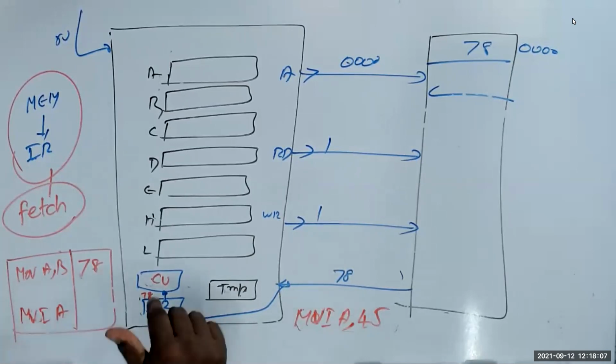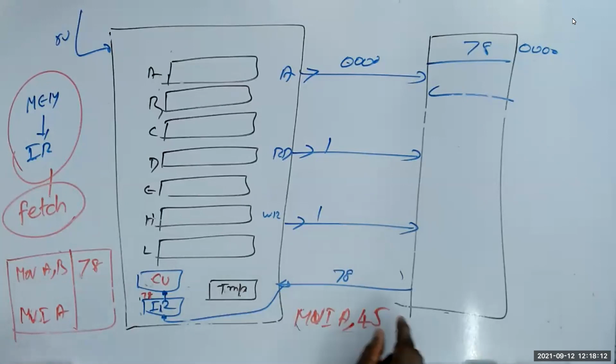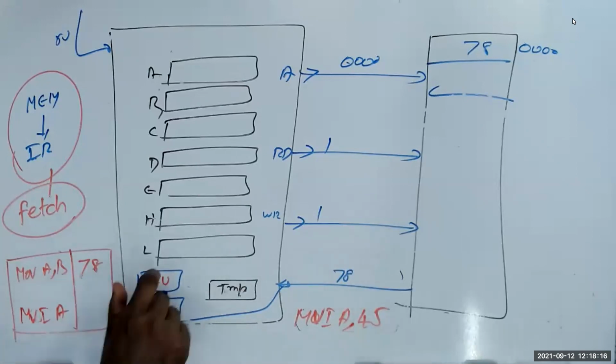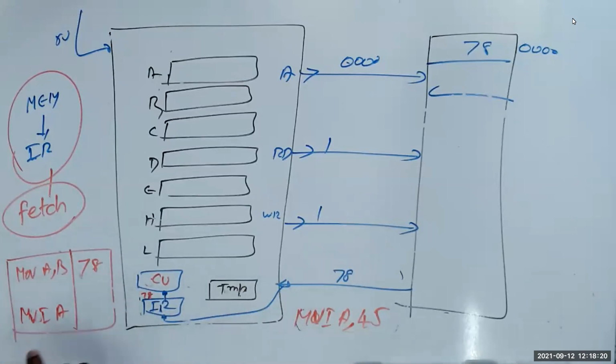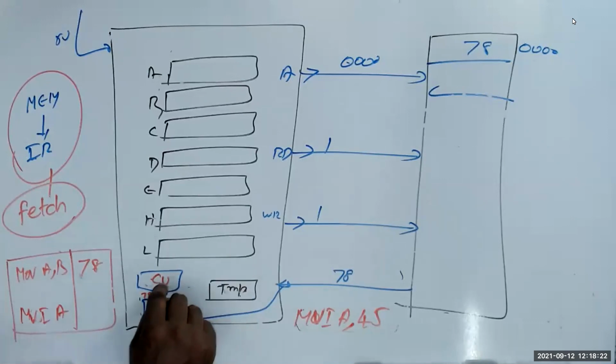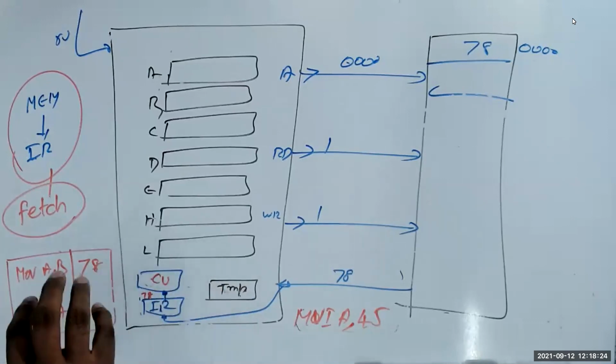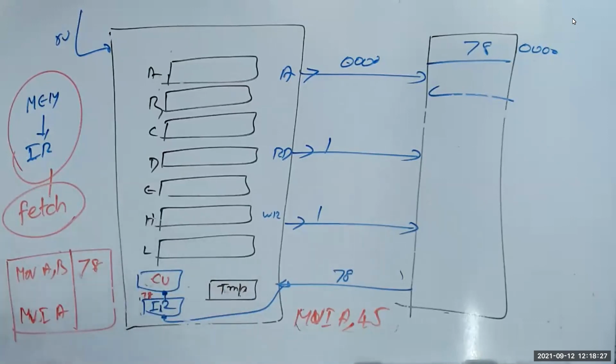Then the control unit understands that it needs one more number, otherwise it cannot perform the operation. The control unit will decide whether it needs one more byte or not. If it gets 78, it will decide. There is such a good logic. I can tell you the logic thoroughly later, maybe after about 4 or 5 classes, and by that time you will understand this.